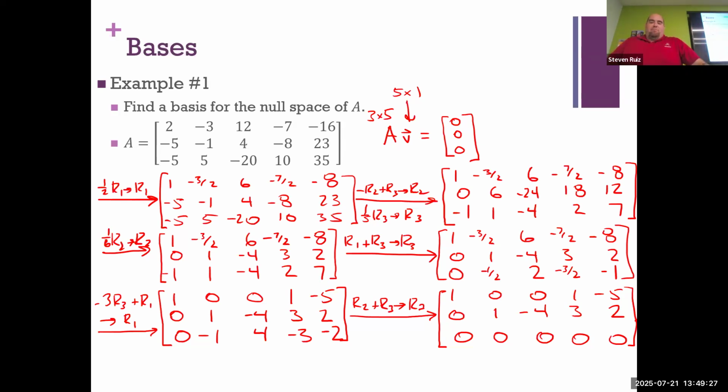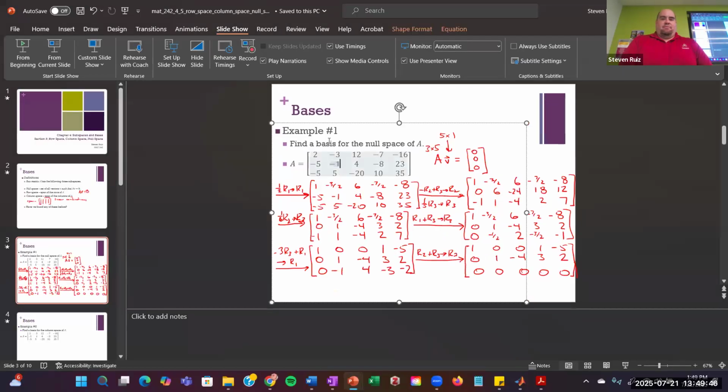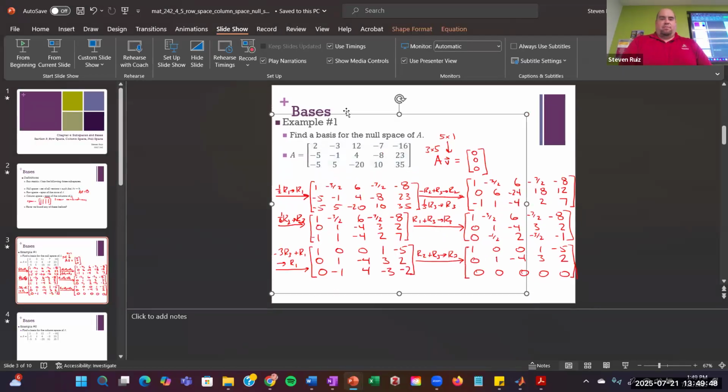So we now have the means to find a basis for this null space, but let's be careful about how to write down what that is. This last matrix we got, what does this tell us?